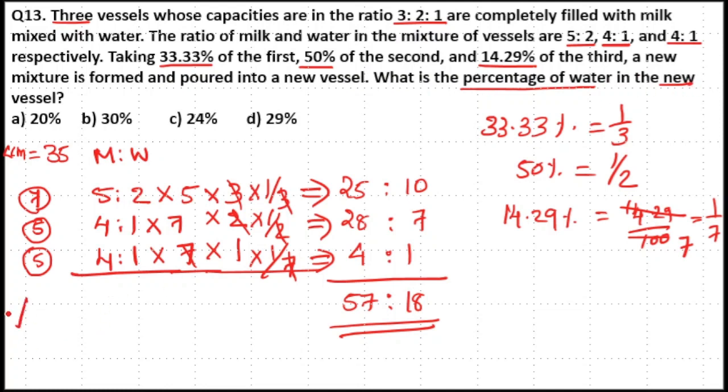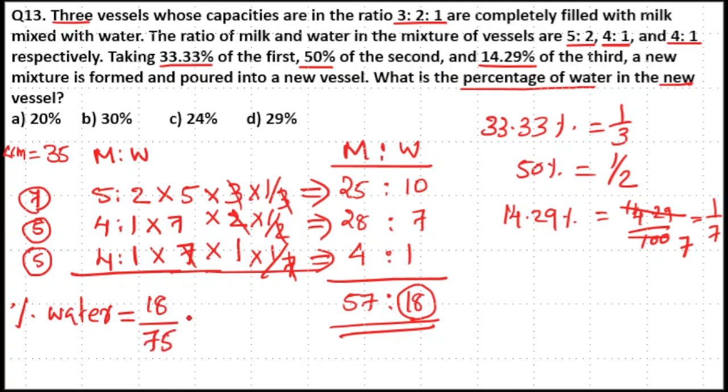But the question is asking about the percentage of water in the new vessel. So the percentage of water: water is 18 units. This is the milk to water ratio. So water is 18 units out of 57 plus 18, which is 75. So 18 out of 75 into 100.